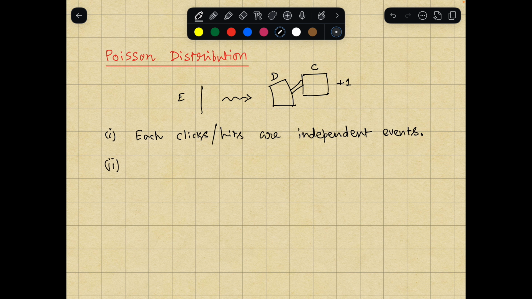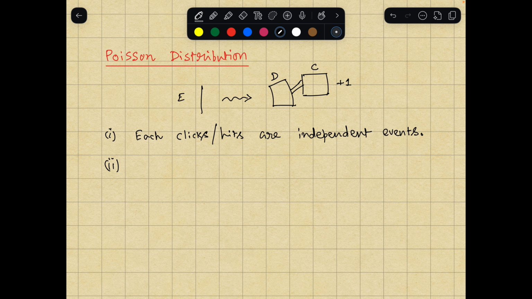Number 2 assumption is that at a given instant of time there is only a single click. So fix an instant of time. At this time it is not possible to get 2 photons in the detector or get 2 clicks in the detector.